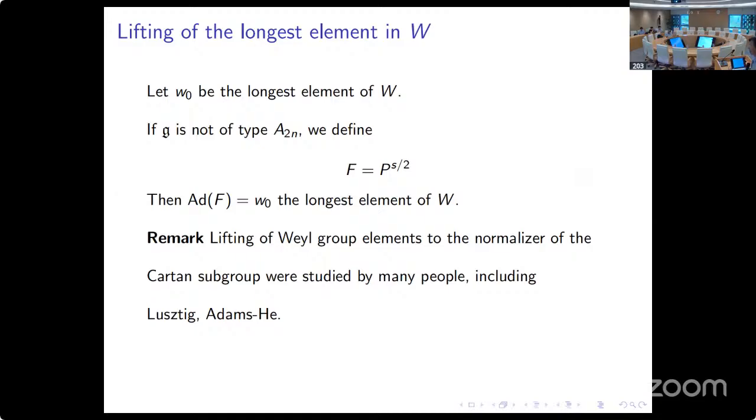That's what we are considering, because this gives, I use the F because this gives you the universal way of defining the Fourier transform. We'll get to this. The lifting of Weyl group elements has been intensively studied by many people, including George Lusztig and Jeff Adams. So this is the lifting of the longest element in this particular case.